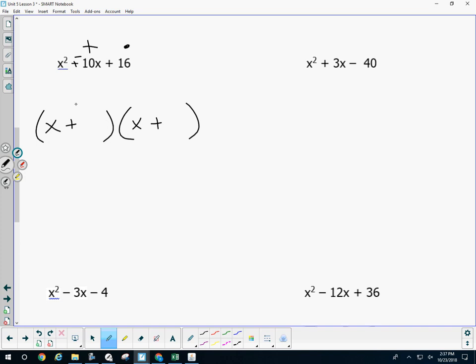What two numbers add to get -10 but multiply to get +16? Two negative numbers. We can have two negative numbers.